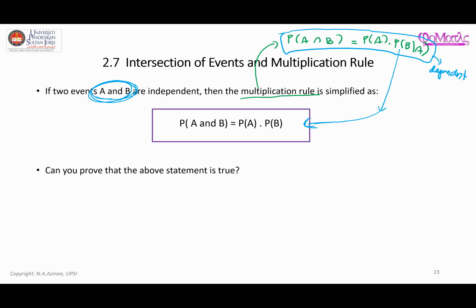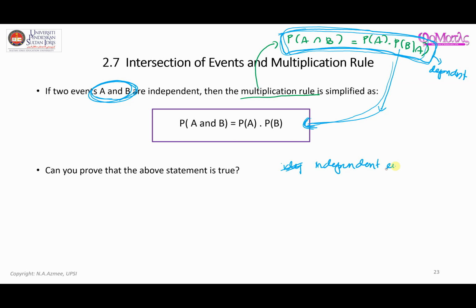Now, how do we get from this original multiplication rule to a simplified version? Remember the idea of independent events from the previous video.